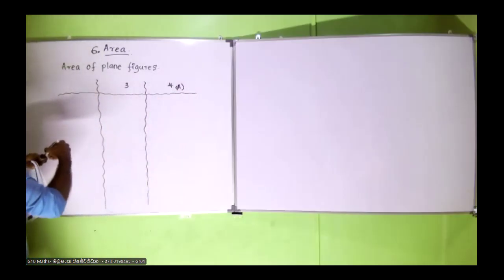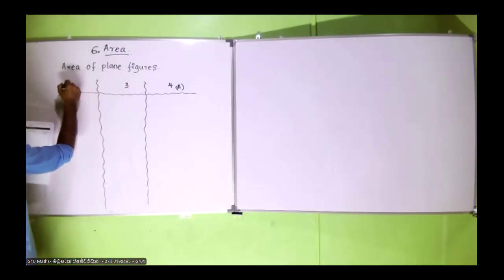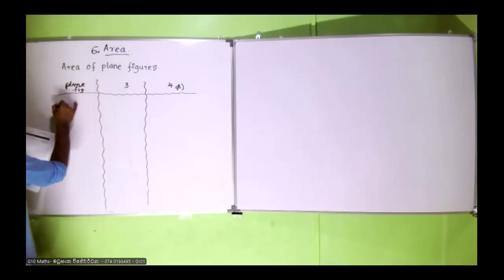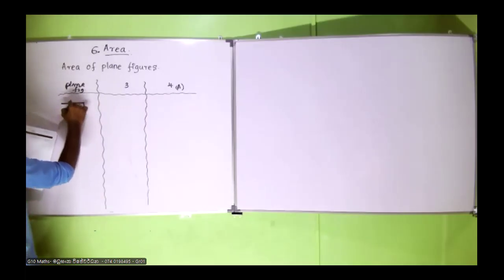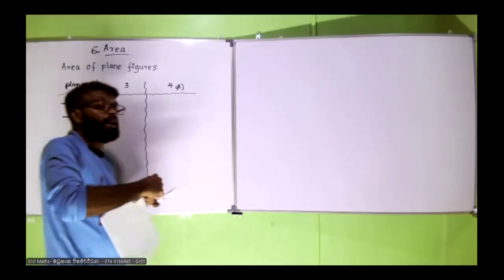Here you have the plane figure. Here you have the rectangle. When you have a rectangle, the length is A and the breadth is B. How do we calculate the area?